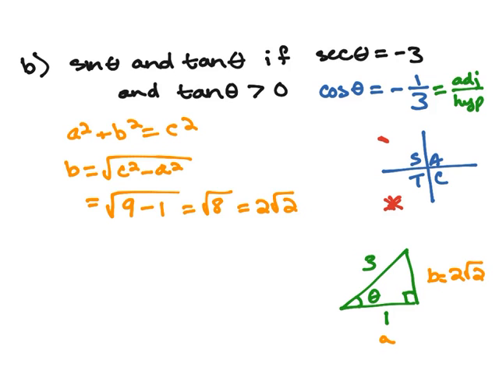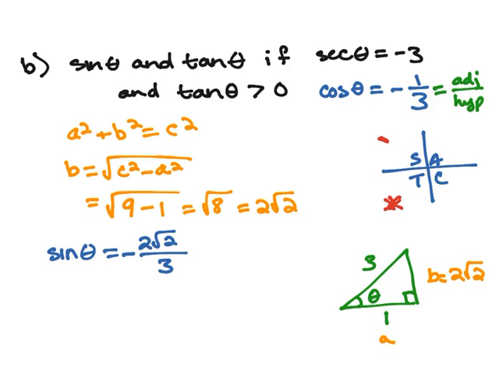All right, we're asked to find sine and tangent. Sine theta is opposite over hypotenuse. My opposite is 2 root 2 over my hypotenuse is 3. And we are in quadrant 3 where tangent is the only thing that is positive.